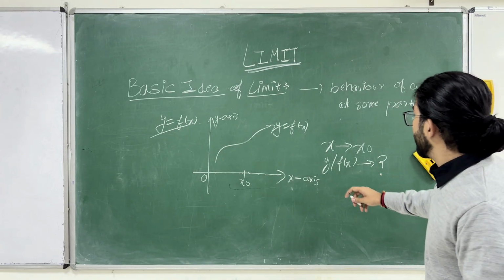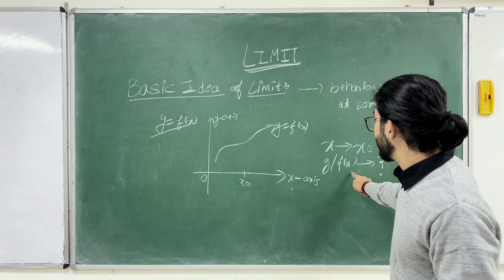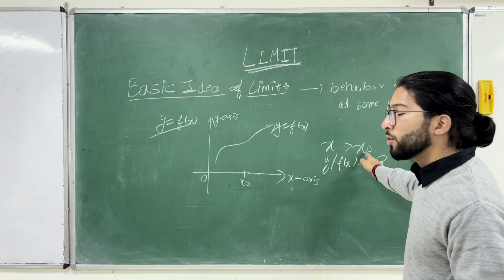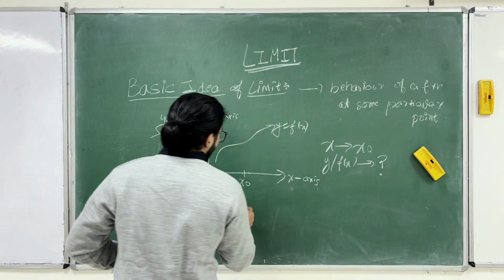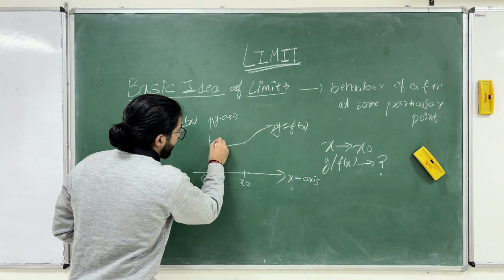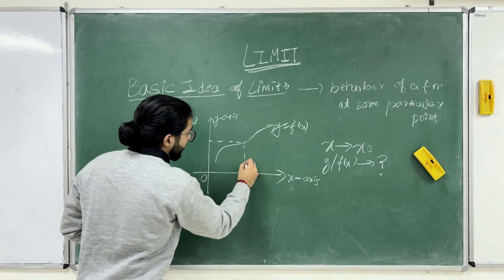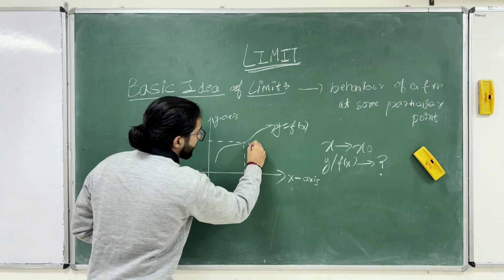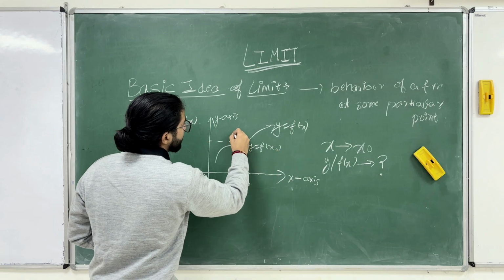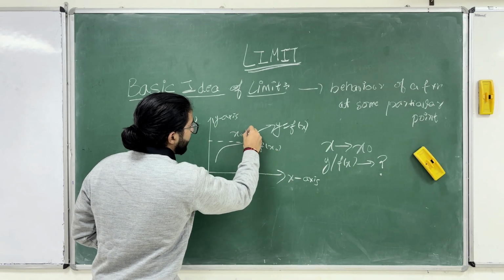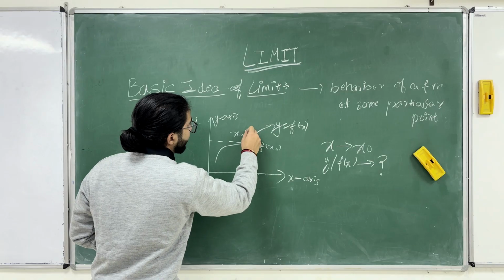I am not asking for the value of f(x) at x naught. I am saying when x is going towards x naught, where is f(x) going? Suppose this point is y is equal to f(x naught), and we can also say (x naught, f(x naught)), which will be more appropriate.